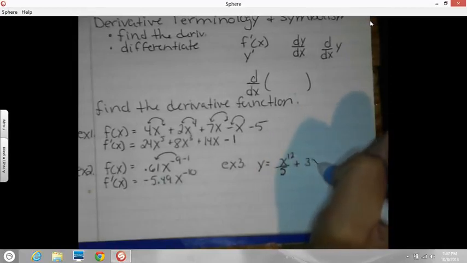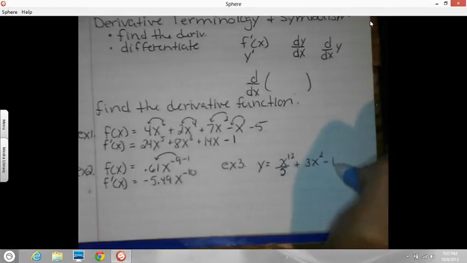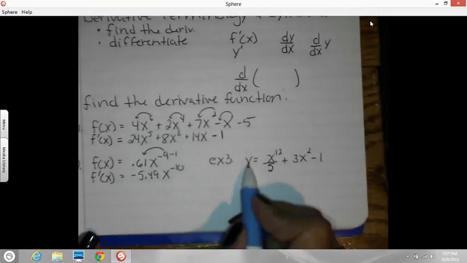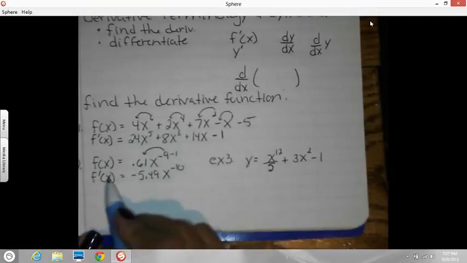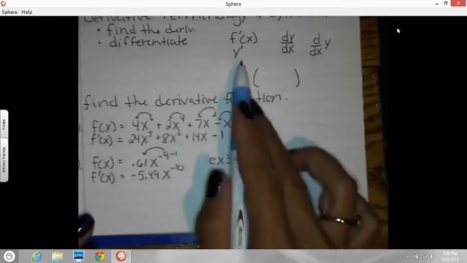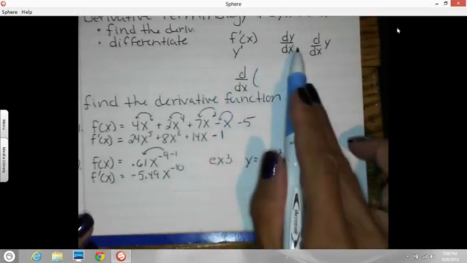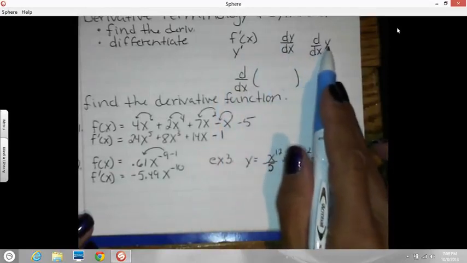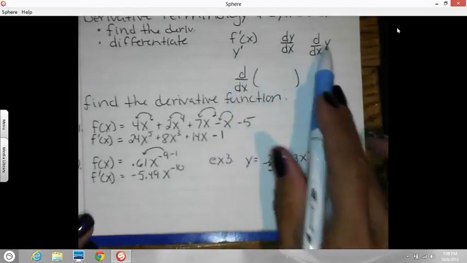Okay, because this is starting with a y, I can't go with f prime of x. I've got to use one of the other ones. And I've got options where I can either use y prime equals, I could say dy over dx equals, or I could say dx of y equals. So any one of these three I can use. I'm going to go with y prime on this one. I'm going to use them all through today's.